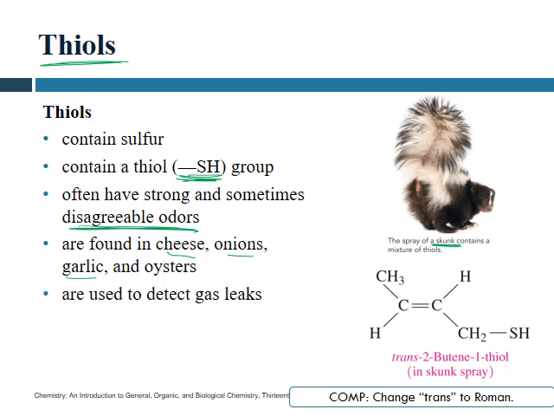Skunk. We know that the spray of a skunk has a very weird, very bad smell. That is also because of the presence of thiol in it. Also, methane. The natural gas that we get in our stoves is methane gas. It is an odorless gas, which means it has no smell to it. But when we leave the kitchen stove gas open, we smell something, right? What is that smell?